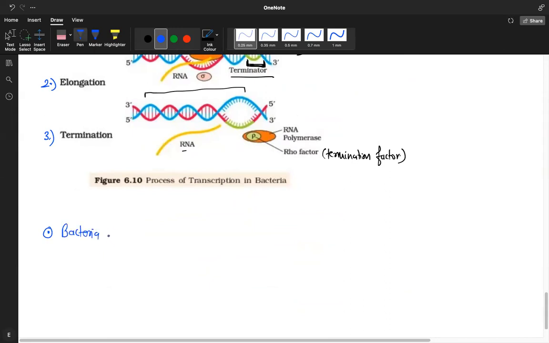Bacteria or prokaryotes do not have a well-defined nucleus, right? Is it clear, everyone? Am I audible? Yes. So bacteria do not have a well-defined nucleus.